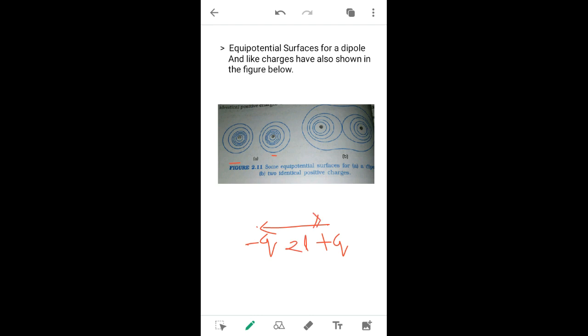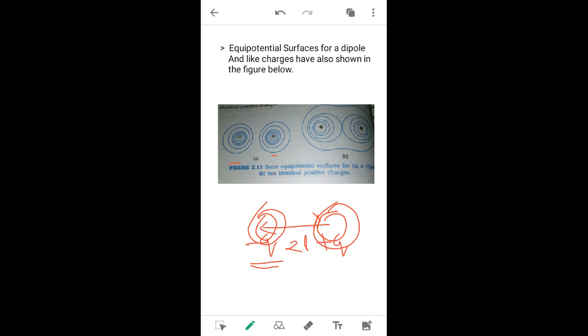This you have already studied. There the field surrounding the negative charge is concentric, and the field lines around the positive charge are also concentric.